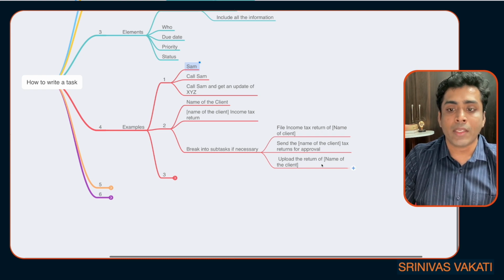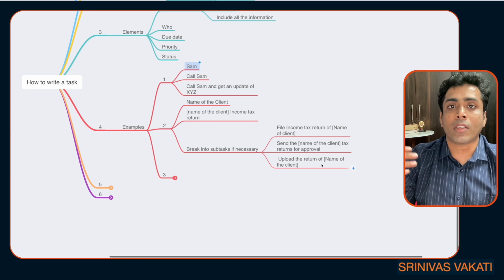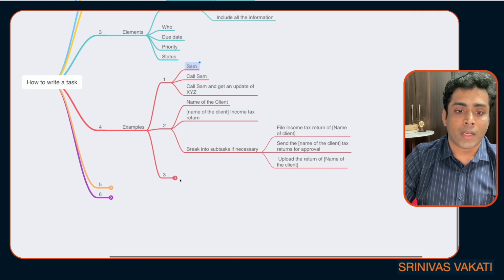The second step could be send the client the tax returns for approval. The third subtask could be upload the return of this client. Now out of these, the name of the client, the name of the client with income tax return, and level 3, what is more specific and what's more clear? Level 3, right?